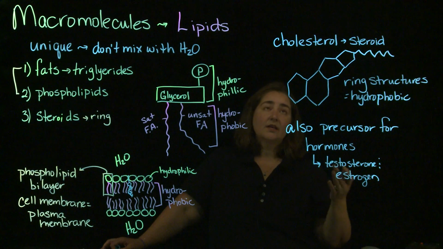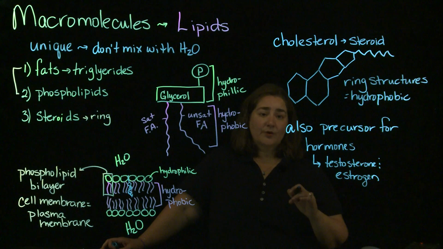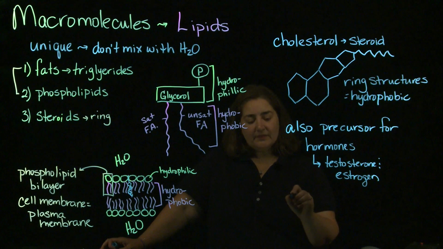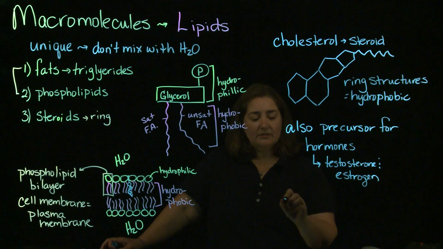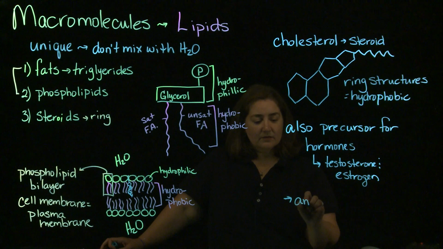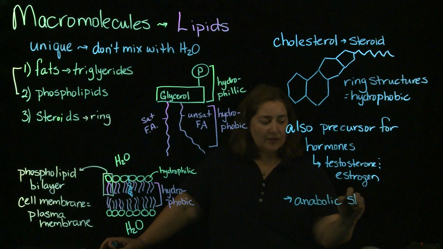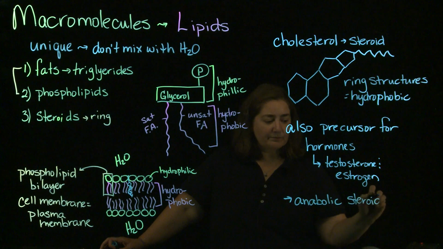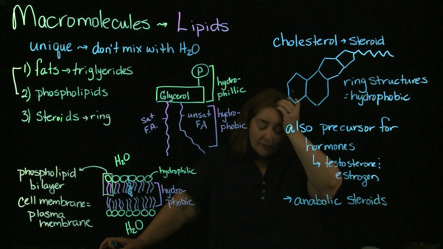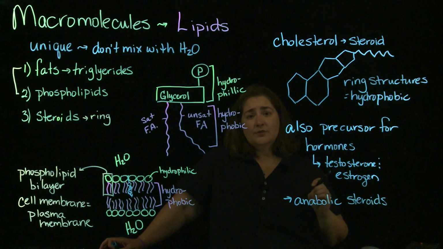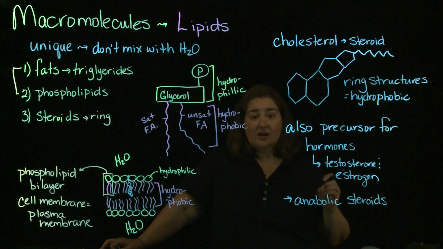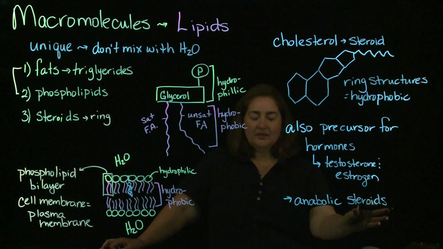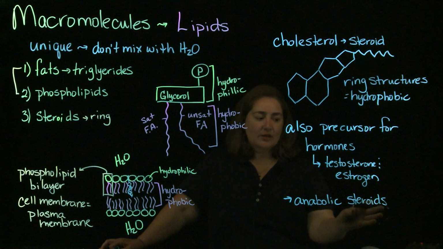Okay? In terms of those hormones, this is also what anabolic steroids are composed of. If you know somebody who's bodybuilding and they talk about taking steroids, not a good idea, okay?